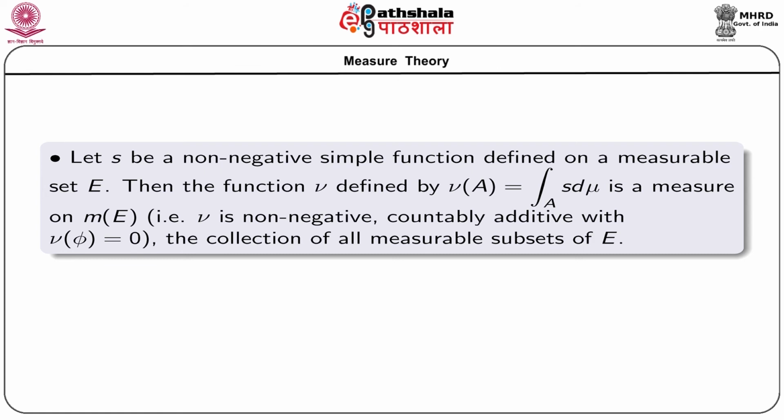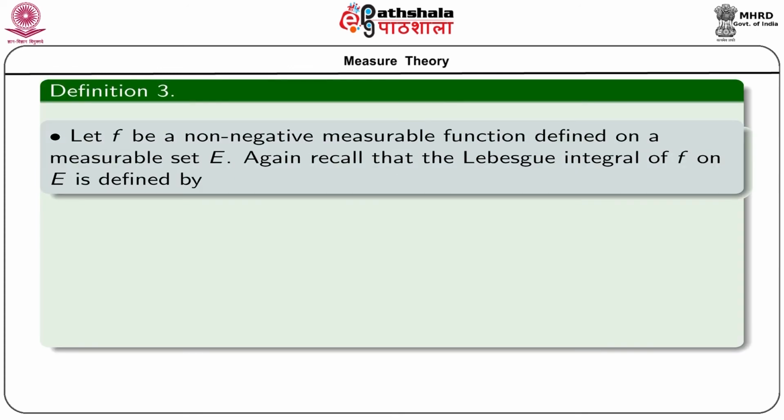That is, if I take nu star of A equal to the integral of f d mu over A, then we can show that this nu star also becomes a measure on the collection of all measurable subsets of E. Now, we go to our next definition.